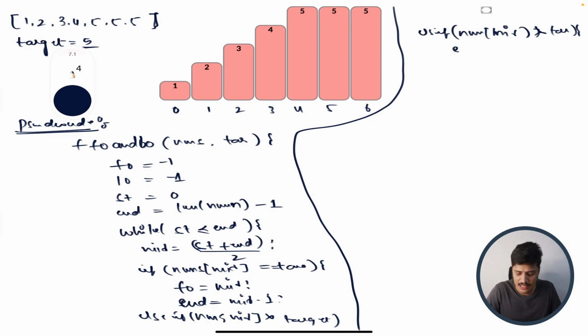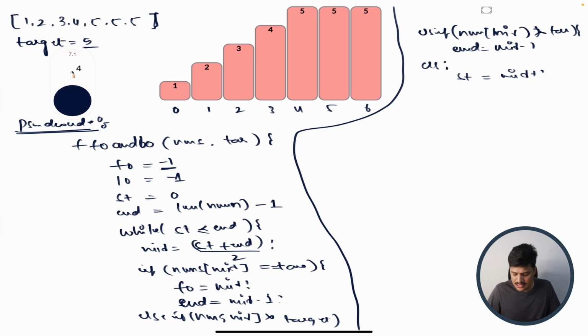That is the reason why here we will update the end with the middle minus 1. If this is not the case, we want the greater value. Greater values are there after the middle, so we will update the start with middle plus 1. Okay, once this while loop is done, we will have the proper first occurrence index inside the first occurrence variable.